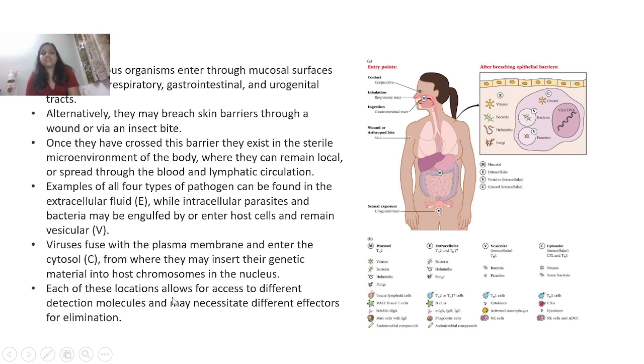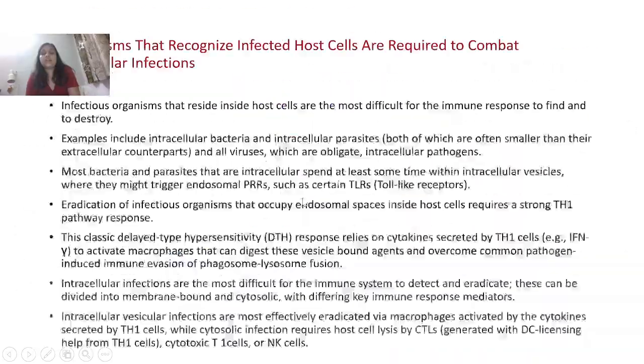Each of these locations allows access to different detection molecules and may necessitate different effectors for elimination. So these four different sites, extracellular, vesicular, mucosal as well as cytosolic, require different kinds of effectors.